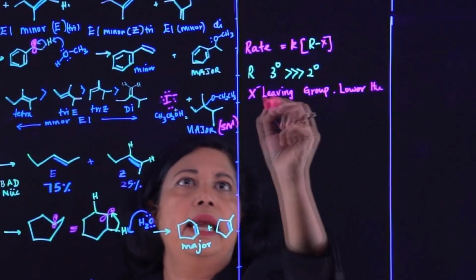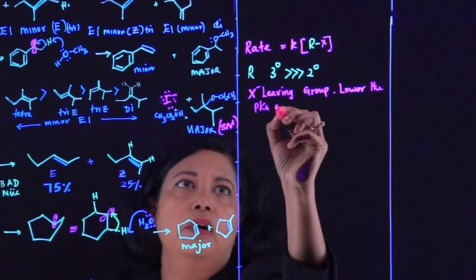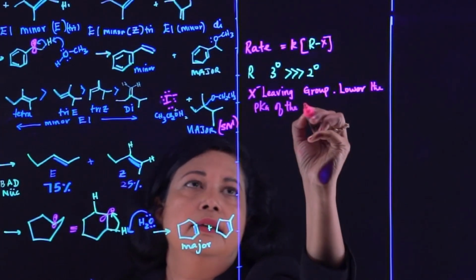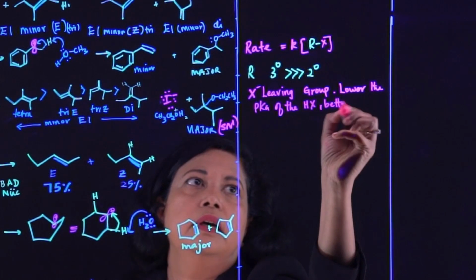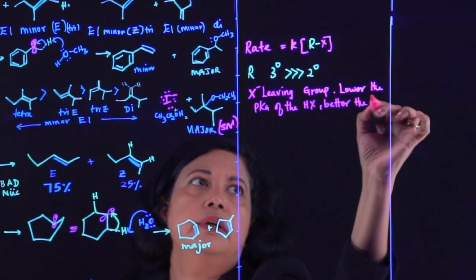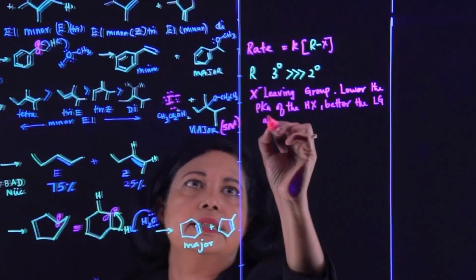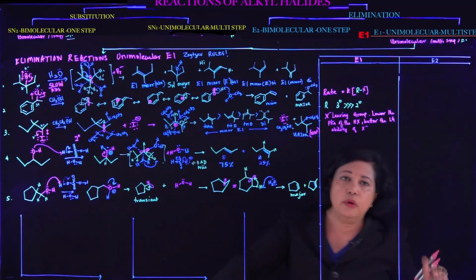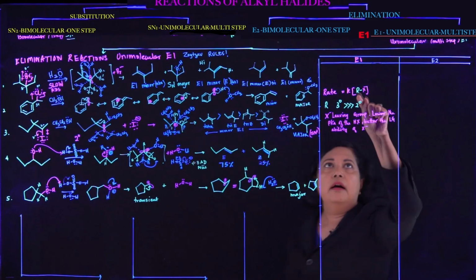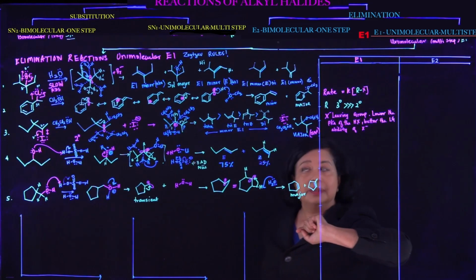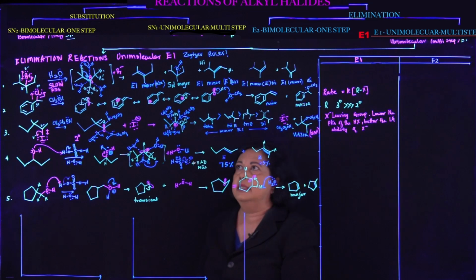Lower the pKa of the HX, better the leaving group ability of X. This is going to be the same for all four because in all of them the rate expression has got R and X.